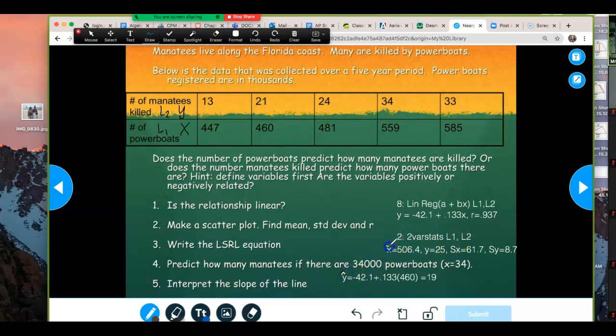These are means, x bar and y bar. And this is y hat. Y hat means a predicted value. So I made a prediction. I predicted when x was 460, y hat is going to be 19. 19 manatees killed. That's the predicted value.